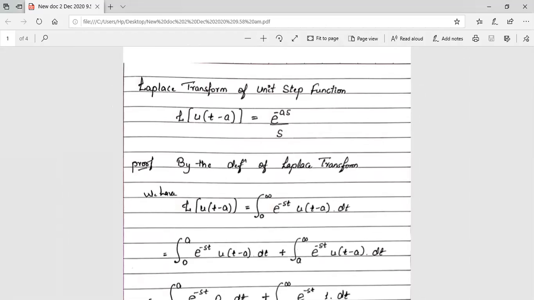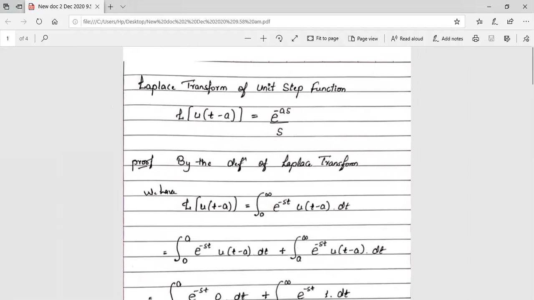So in today's class we solved the first theorem, that is the theorem of the unit step function, and the result is Laplace transformation of u of t minus a is equal to e to the power minus as by s.